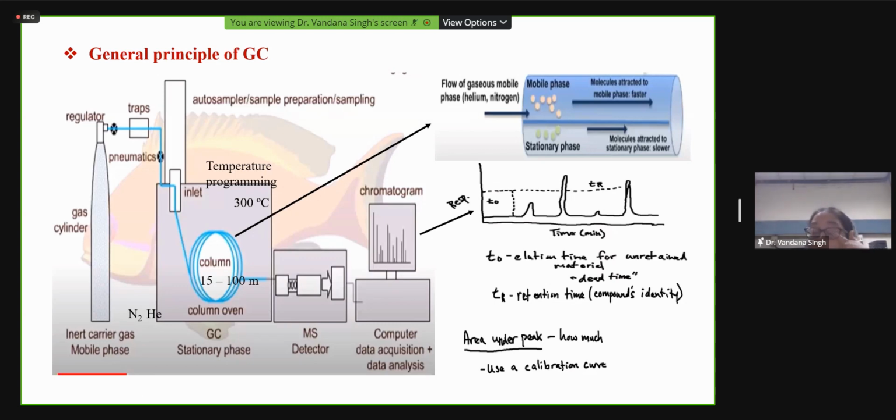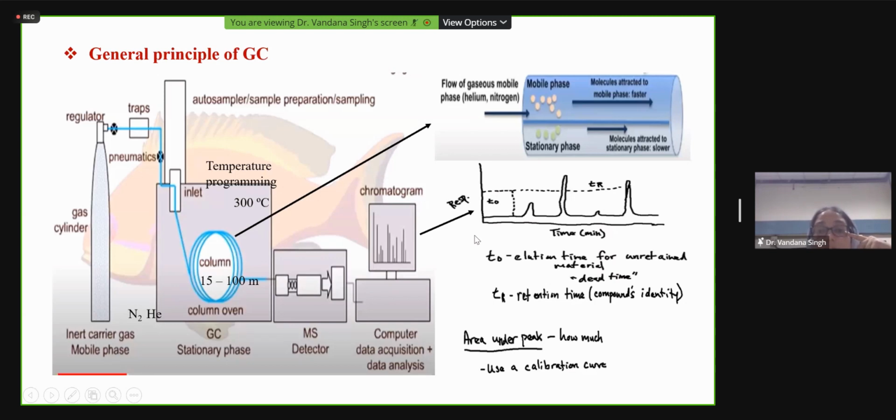To know the concentration, we first calculate the area, then compare it with the calibration curve that we prepared using the mixture of standards run through this system under the same conditions as our samples.